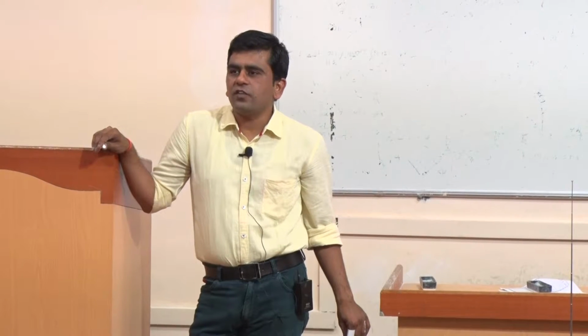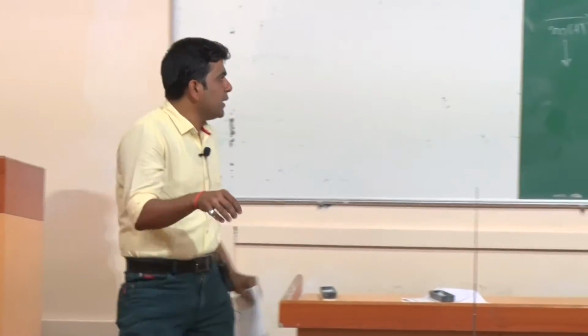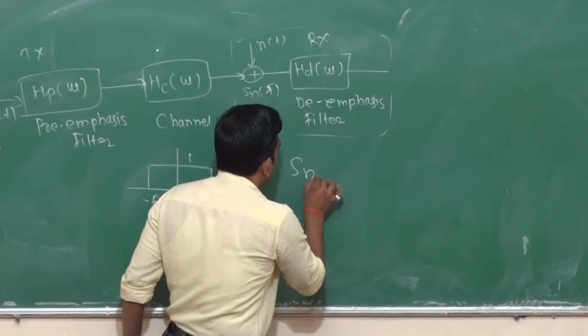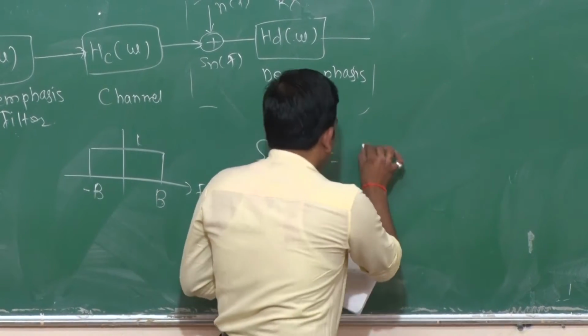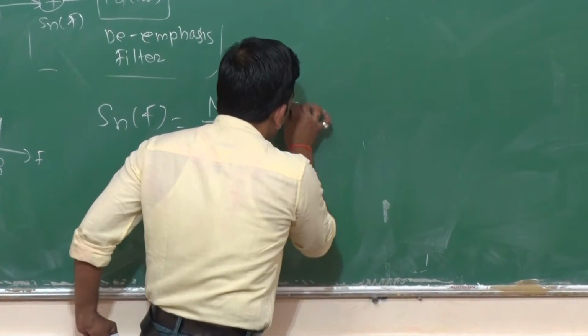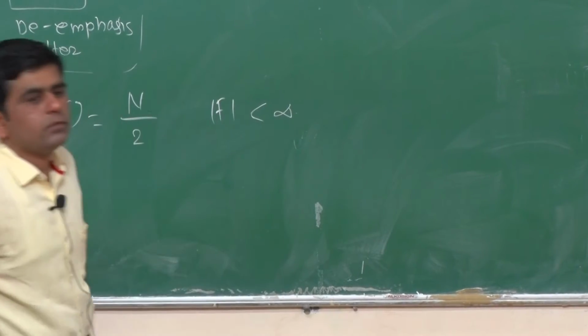These are the characteristics of your noise. Here the power spectral density for this noise is given as capital N by 2 for the frequencies which are less than infinity.